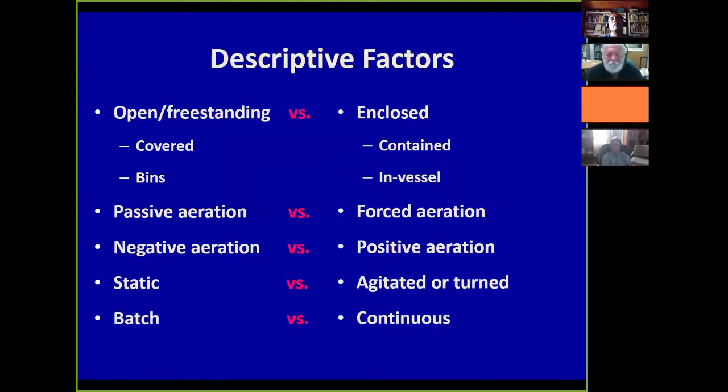So again, we have these descriptive factors that describe the different approaches and systems in composting: open and closed, covered versus contained, bins versus in-vessel, passively aerated versus forced aerated, negative, positive, static, turned, batch, and continuous. Lots of different ways of making the product we all call compost.